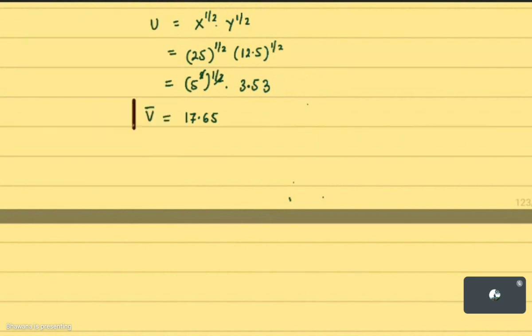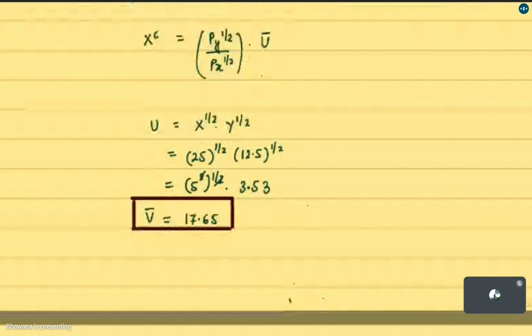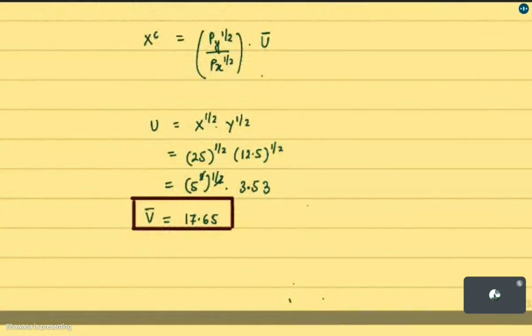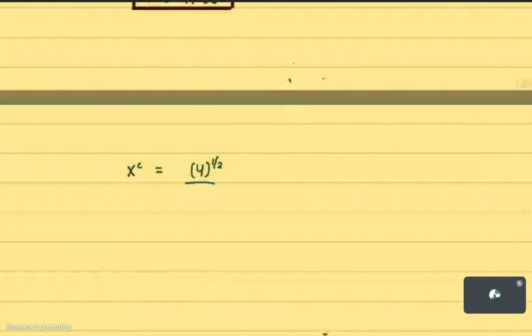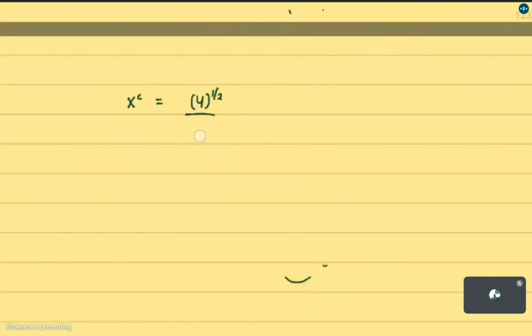Now you can put all the values here to get the xc, the effect of substitution on the demand of good x. So price of y is 4, price of x is 2. We'll find it at the new price, right?